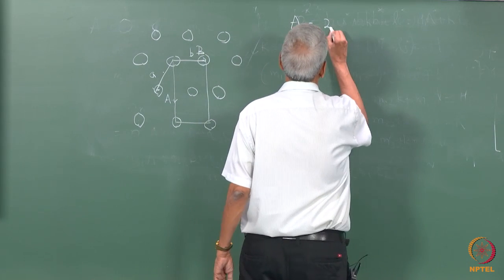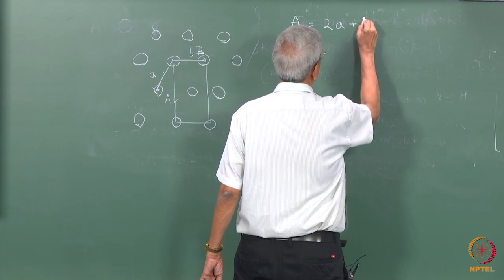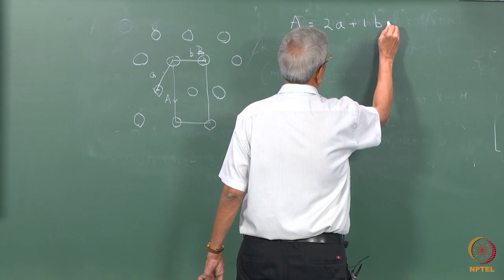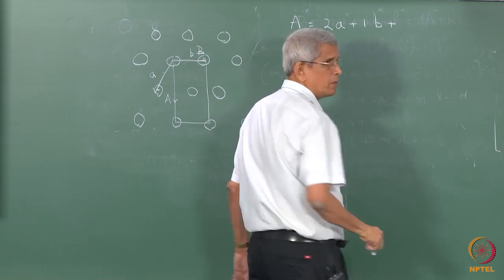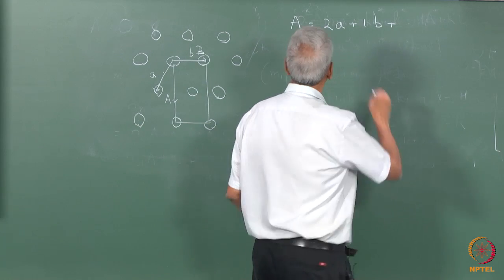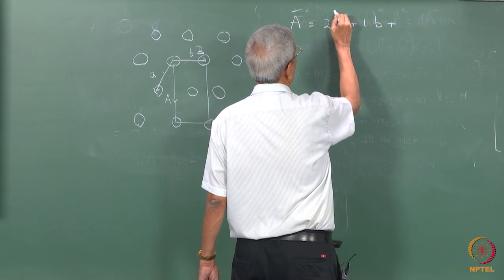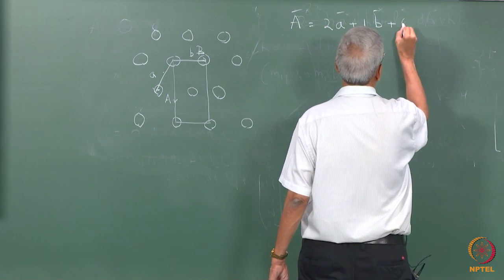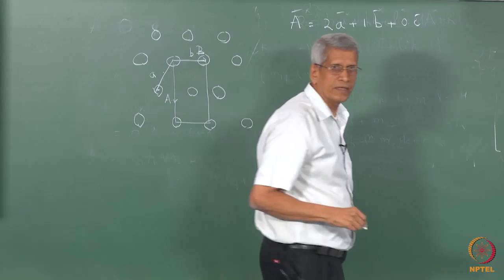So this will be 2A plus 1B plus 0 into C, correct.